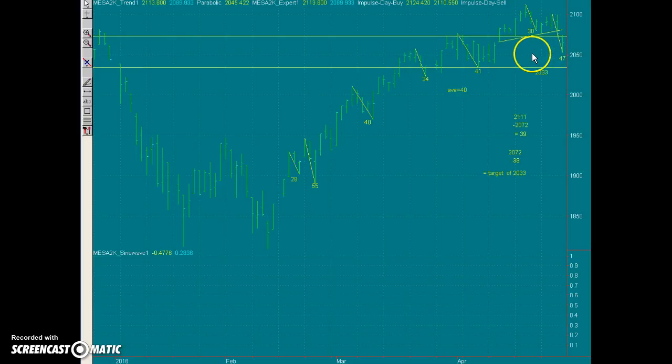So right now we are looking at a further pullback if this is a head and shoulders pattern that gets played out.